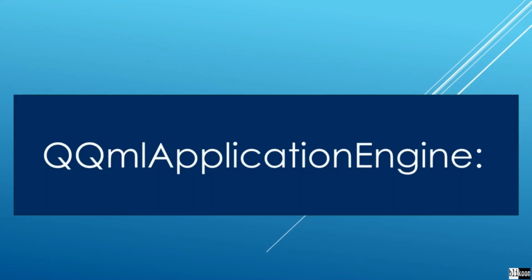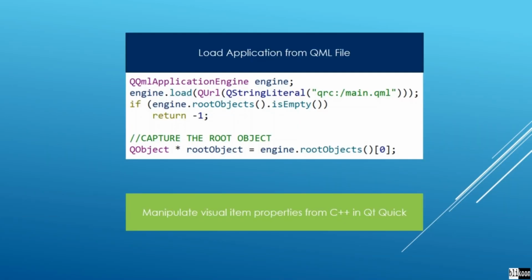In this lecture, we're going to use QQmlApplicationEngine to do all the things we've been doing all along. If you noticed, we have been using QQmlApplicationEngine all along in the course to load QML files to be shown in our application window. The only thing that is important to us right now is how to get the pointer to the root object and have the capability to modify anything in the QML file as we see fit.